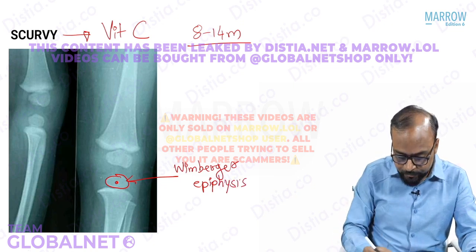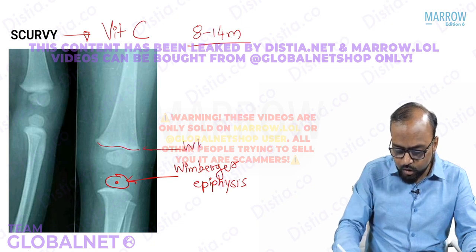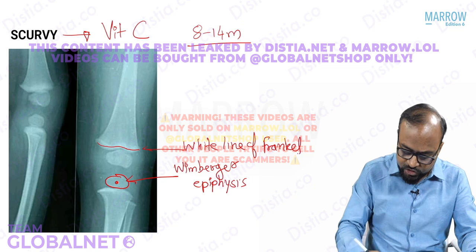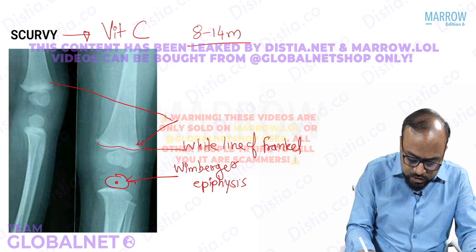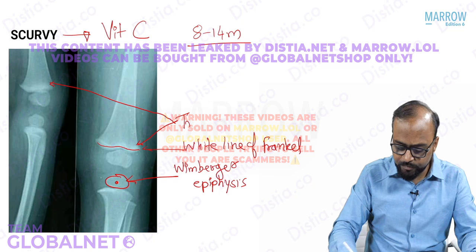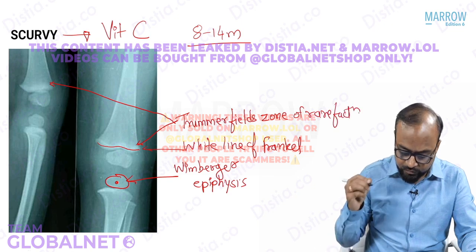Then you see a white line right at the metaphyseal edge here. This is called the white line of Frankel. Just proximal to it, there is sometimes a dark band which is seen, as is seen here. This particular dark band just proximal to the metaphysis is called the Trummerfeld zone of rarefaction.